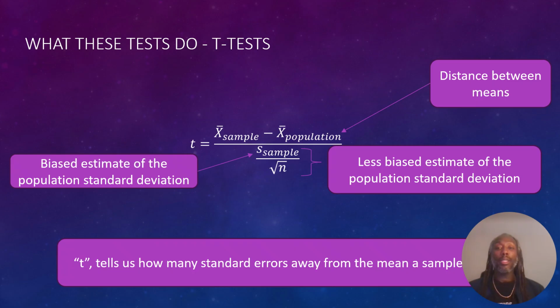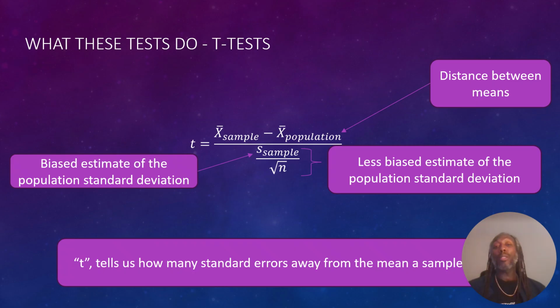So we look at the distance between those means, and we divide that by something called the standard error. Standard error is standard deviation divided by the square root of the sample size. And it turns out that the sample standard deviation is a biased estimate of the population standard deviation.